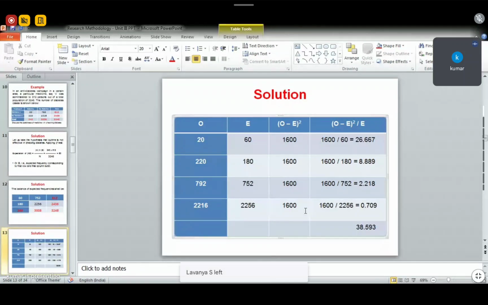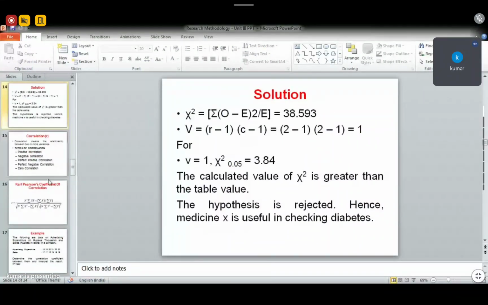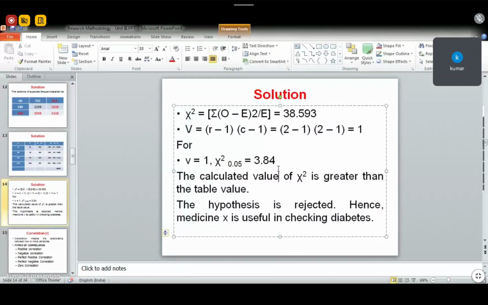Shall I move further now? Okay. So the next step is to make a conclusion on this. So the chi-square value is 38.593, right?